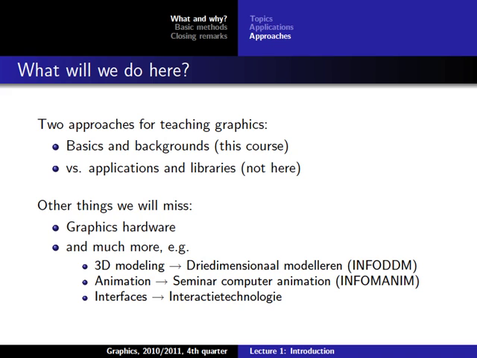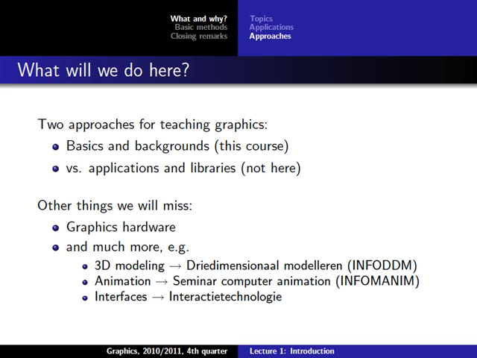All right, so let's get a little more concrete about what we want to do here. If you look at how computer graphics is usually taught at universities, there are basically two major ideas or philosophies in how to teach that. One is the more theoretical basics and background, and the other is the more practical, the applications and the libraries.